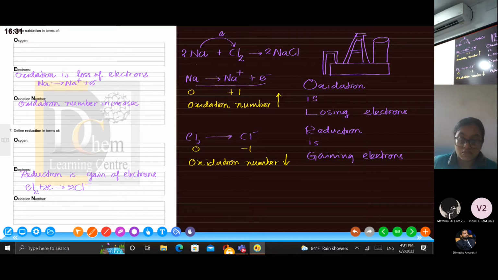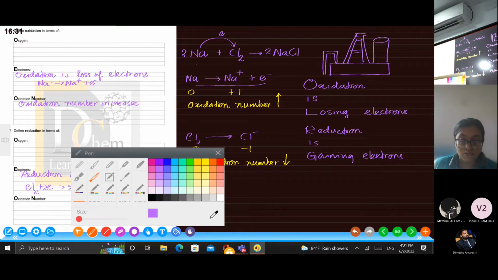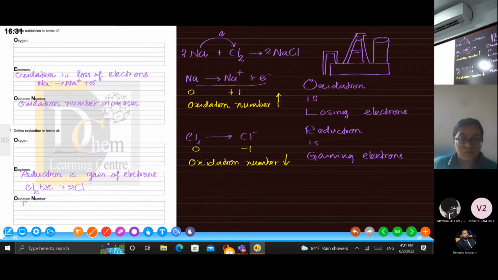The oxidation number has decreased. Is that clear? So all are interconnected, and every one is needed.